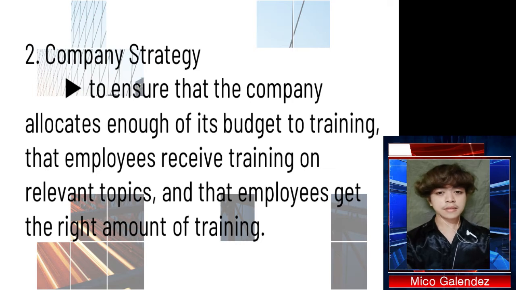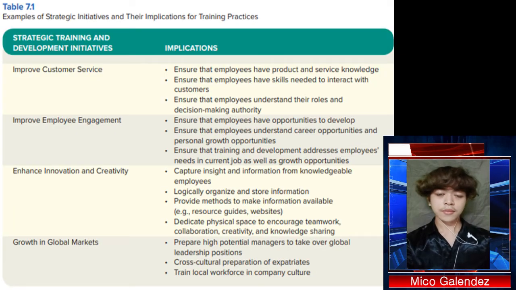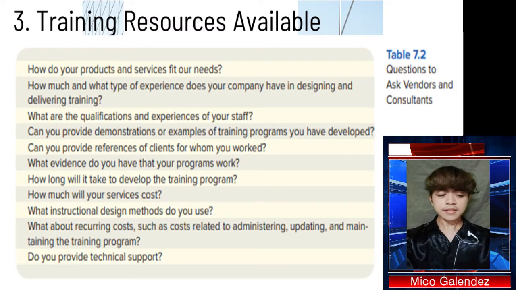The company must ensure first that there is enough budget for the training. Employees must receive a training that's relevant to their position, and employees must get the right amount of training. The last is training resources available. In order to conduct a training, they must know first if the company is capable of doing this.